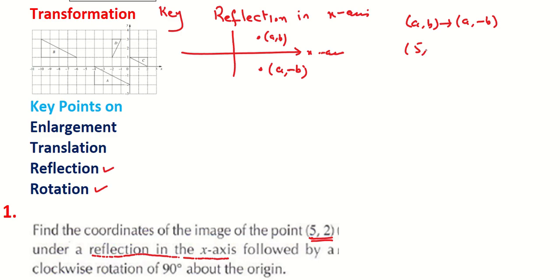So we want to reflect the point (5, 2), or find the image of (5, 2) under a reflection in the x-axis.